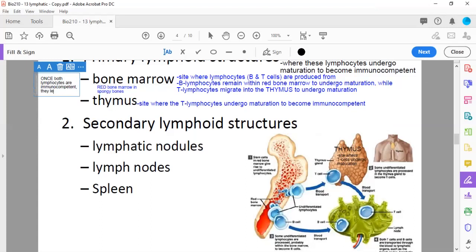They leave the primary lymphoid structures to migrate into the secondary lymphoid structure.